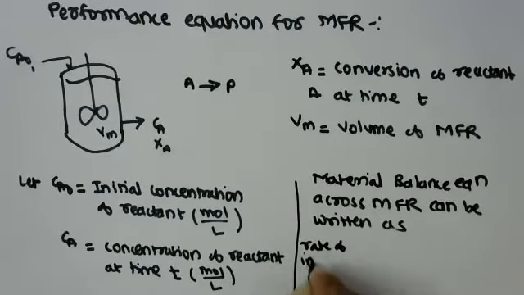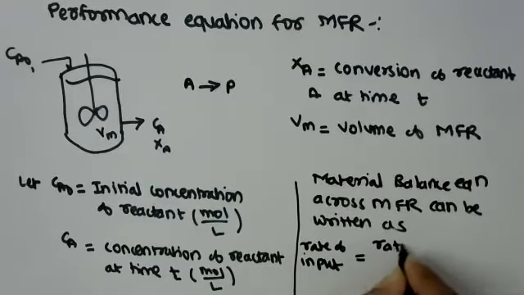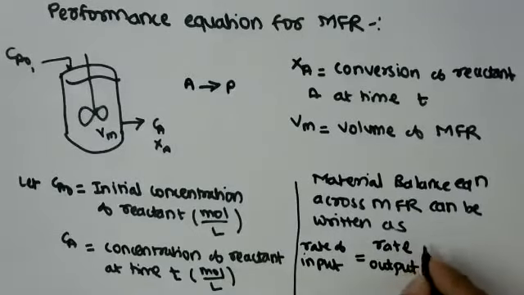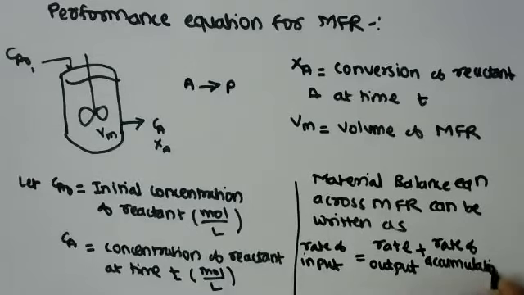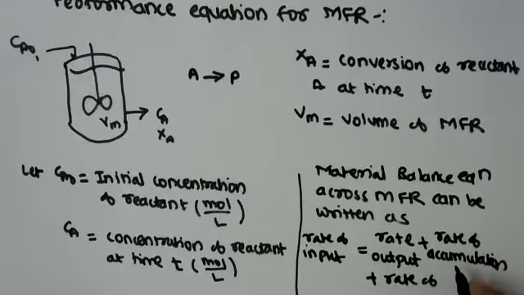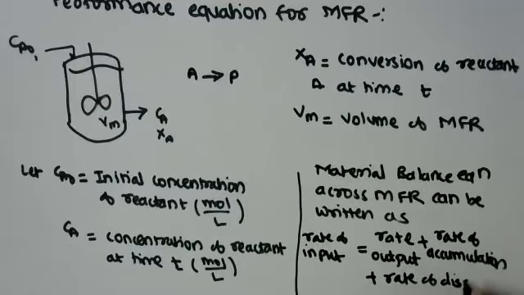rate of input is equal to rate of output plus rate of accumulation plus rate of disappearance.